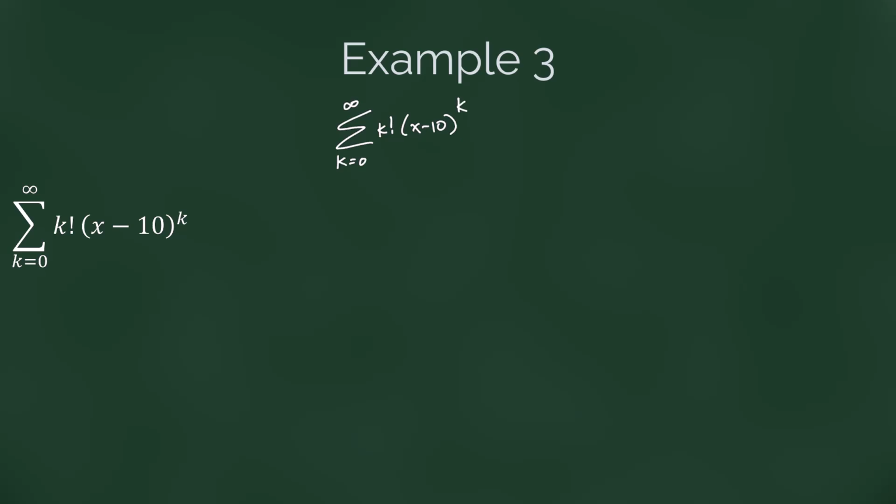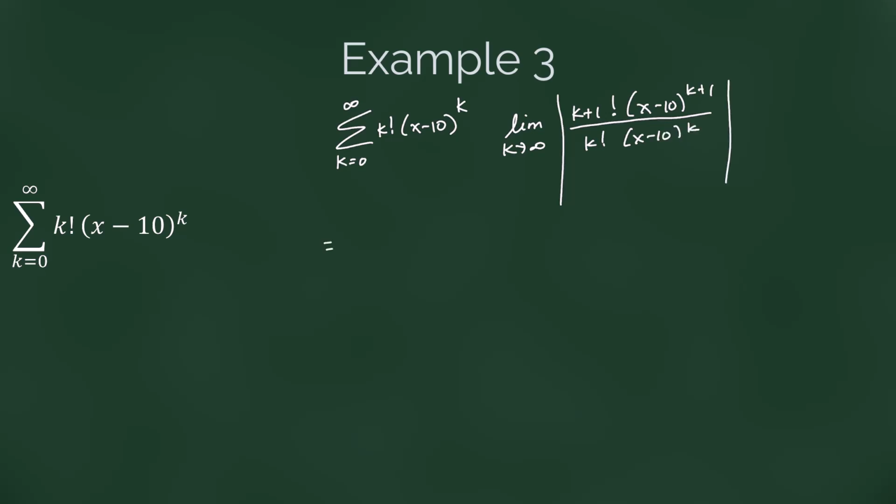So let's examine the limit as k goes to infinity of the k plus first term, k plus 1 factorial times x minus 10 to the k plus 1, all over k factorial times x minus 10 to the k.